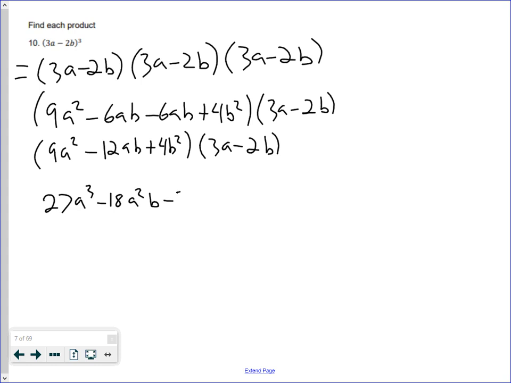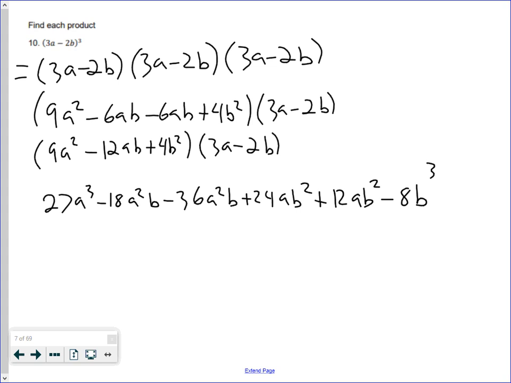So we get negative 36a squared b and plus 24ab squared. And then finally, the same thing with 4b squared. Distribute that out to 3a minus 2b. We get 12ab squared minus 8b cubed.